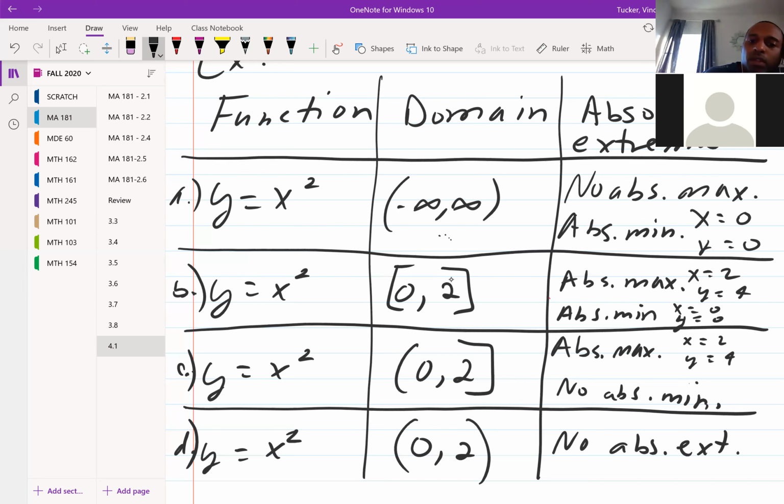So if we have the domain going from 0 to 2, then you would have an absolute max at 2, 4, and a minimum at 0, 0.